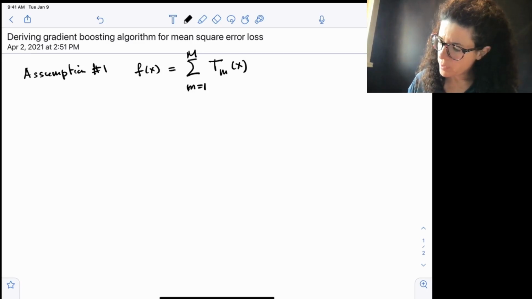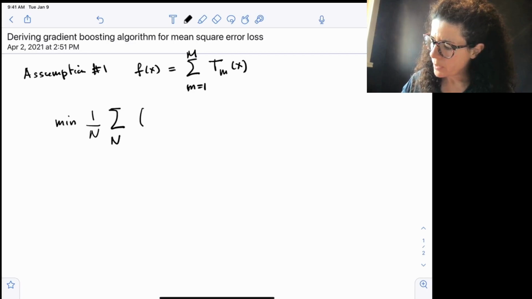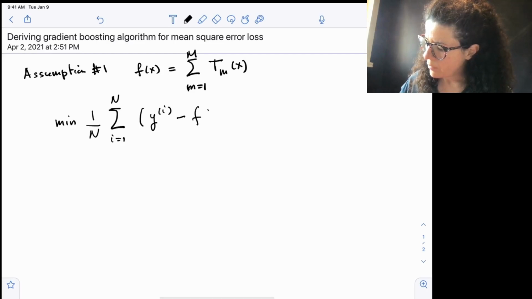So let's think about what an algorithm that is trying to minimize the mean square loss is trying to do. Basically we have some training data with n points, and we are trying to minimize the average of the target minus f of x_i, squared.